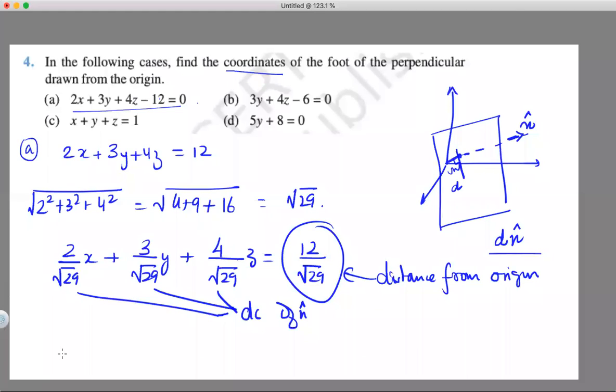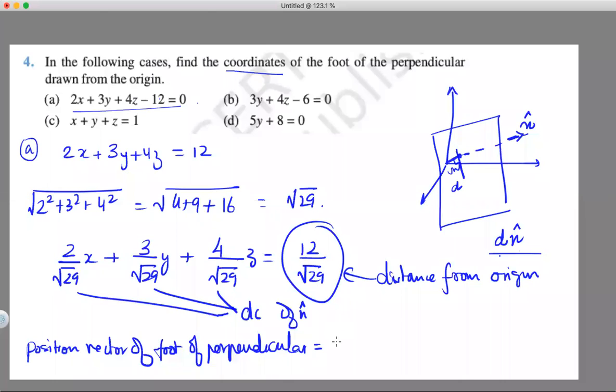Okay, so the position vector of the foot of the perpendicular is equal to d into the n unit vector, right?